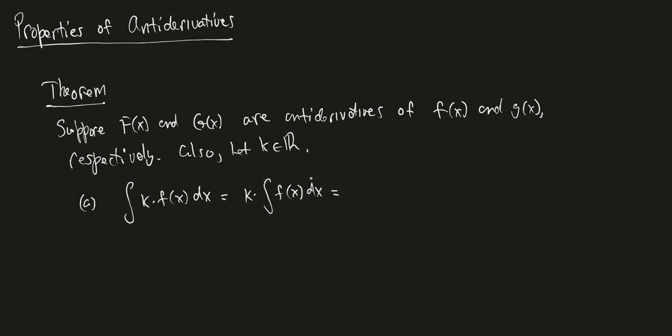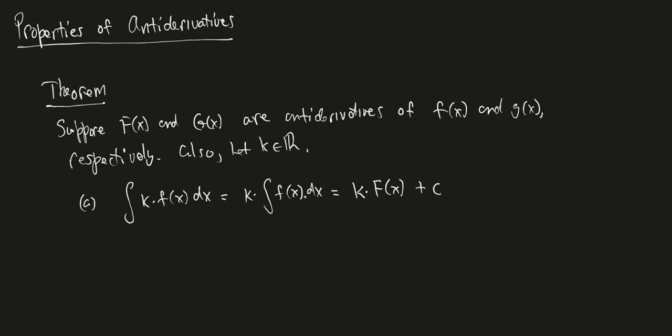But I know what this is. This part here is my big F of x, so this would be k times big F of x, and then I have my plus c.